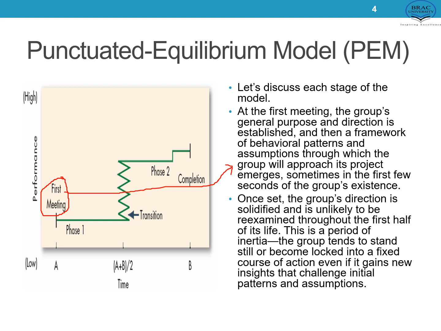Once they get to know everything, their direction is solidified, and it's unlikely that they will move back to the first meeting, because the group members are now clear about what they have to do. And here the period that starts is what we call inertia.